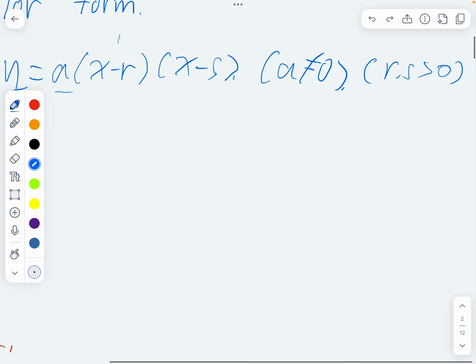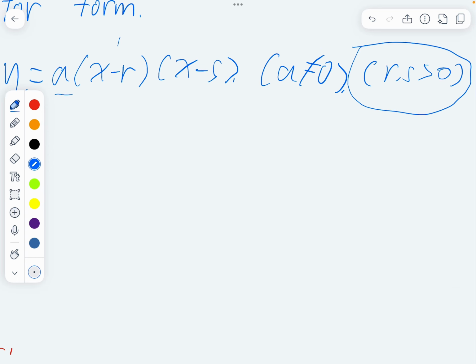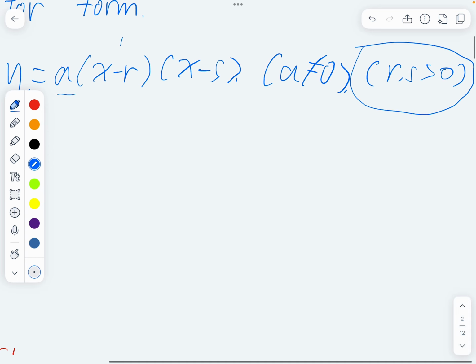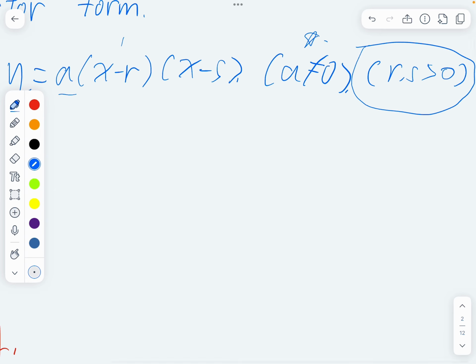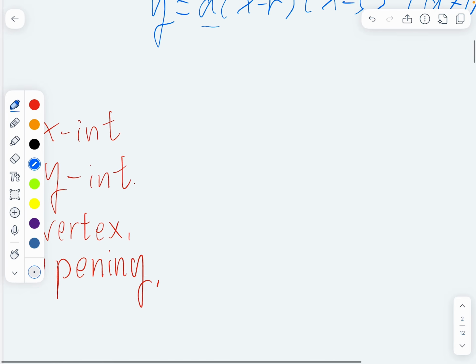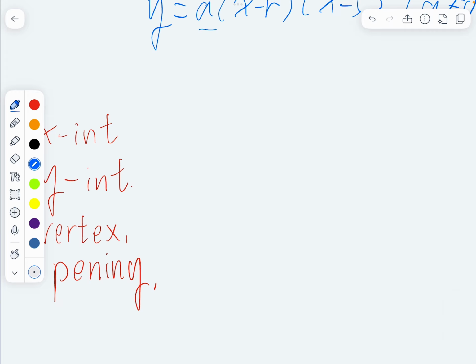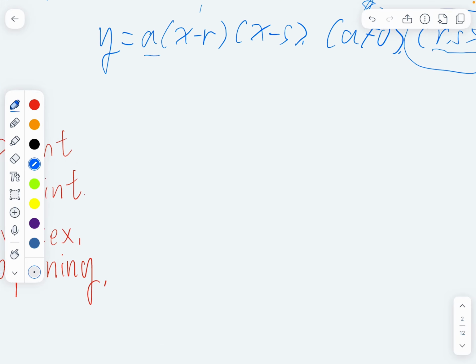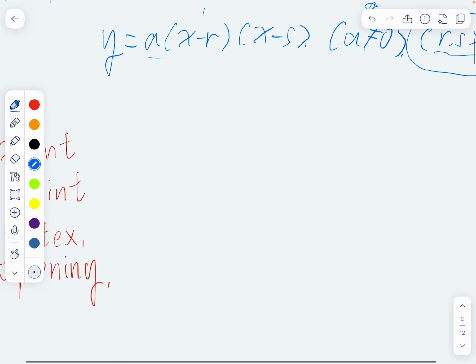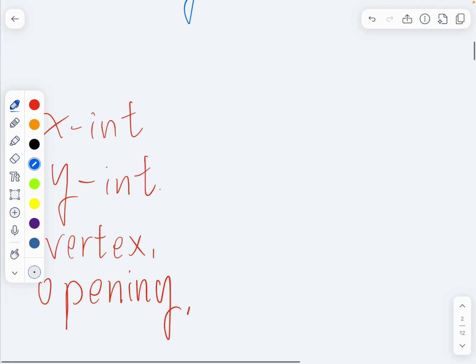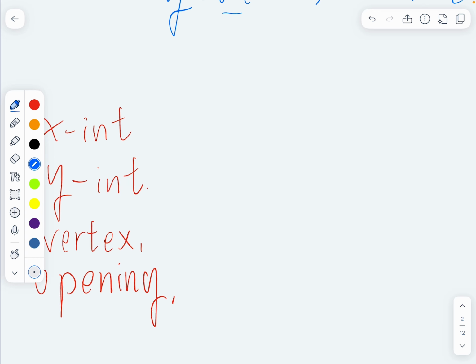In this case, r and s can be 0, but we're going to talk about where r is greater than 0. First, we're going to talk about the x-intercepts and y-intercept.